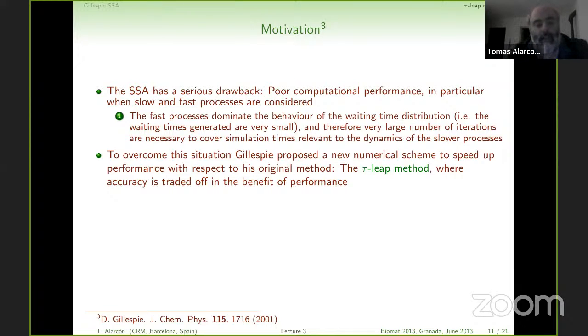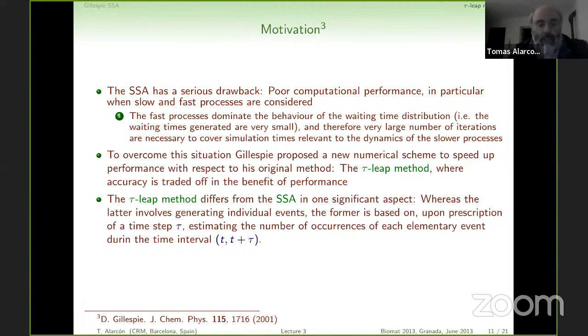We need to resort to methods like the tau-leap method that I'm going to tell you about next, where accuracy is somehow traded off for performance. Sometimes this is okay.